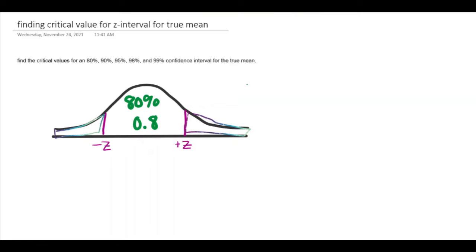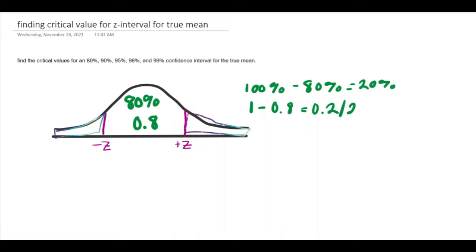So you can either do 100% minus 80% to get 20%, or you can do 1 minus 0.8 and you're going to get 0.2. Divide that by 2 because we have 2 tails and they are equal, and we get 10%, or 0.1.